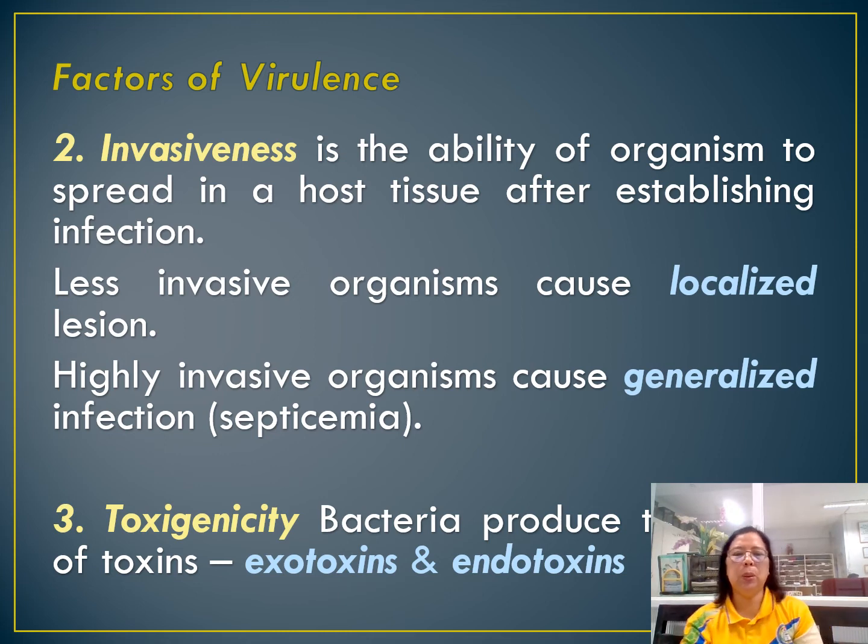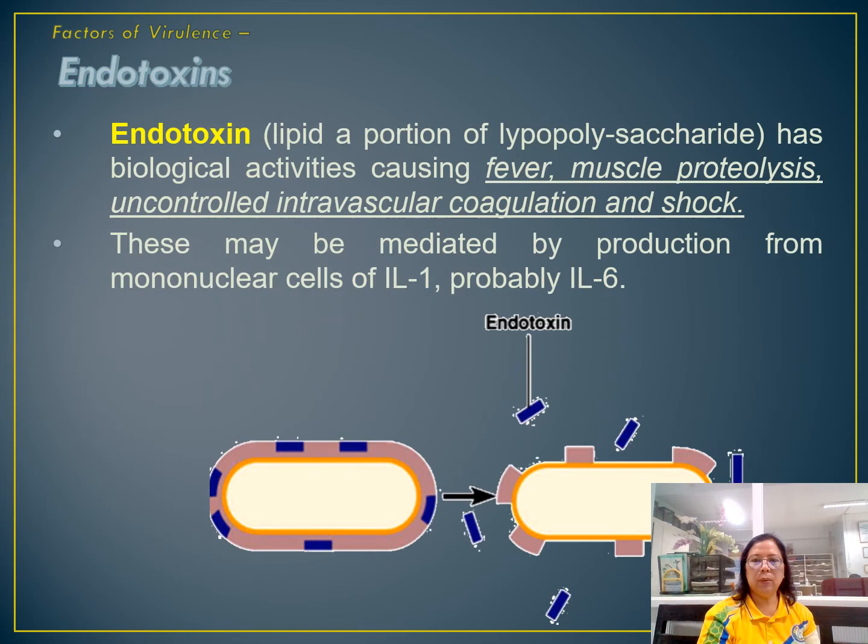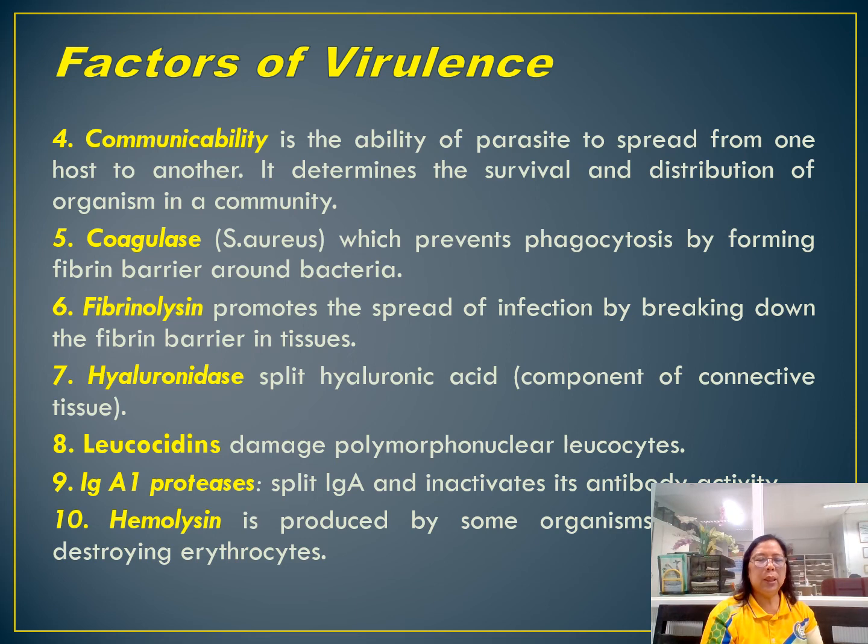And then you have also toxigenicity. So it could be classified either exotoxin or endotoxin. And then na-discuss na natin yan. Another is communicability, coagulase. Another factor is fibrinolysine, and then hyaluronidase, and then you have the leukocidins, and then you have, of course, the IgA1 protease and hemolysin.